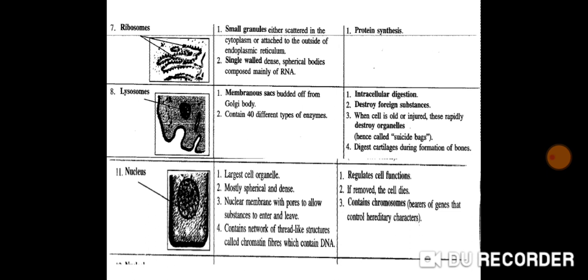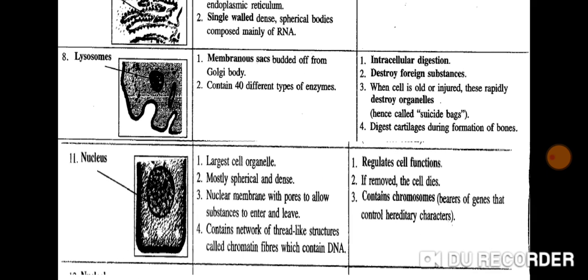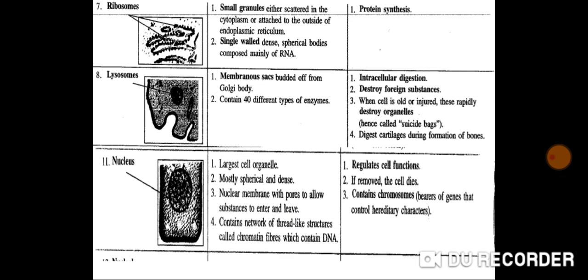The last organelle is the nucleus. The nucleus lies in the center of the cell. It is the largest cell organelle, mostly spherical and dense, and this nucleus is filled with a fluid called the nucleoplasm, and it has an envelope. The nuclear envelope contains a network of fine thread-like structures called the chromatin fibers, which contain DNA, the genetic material.